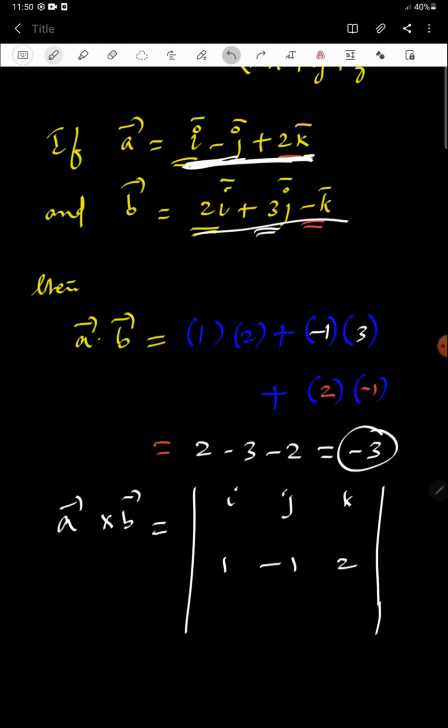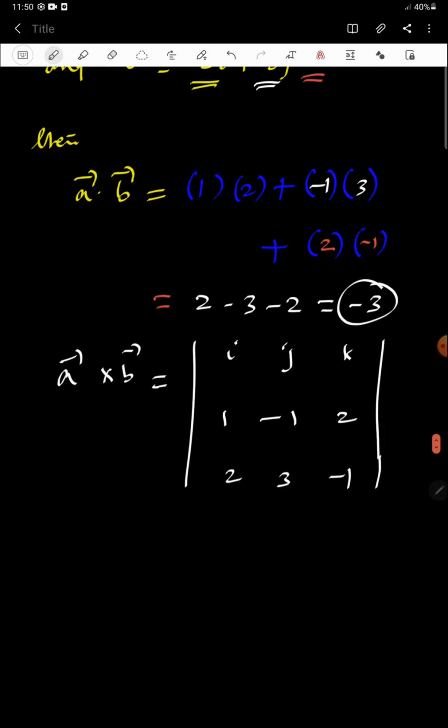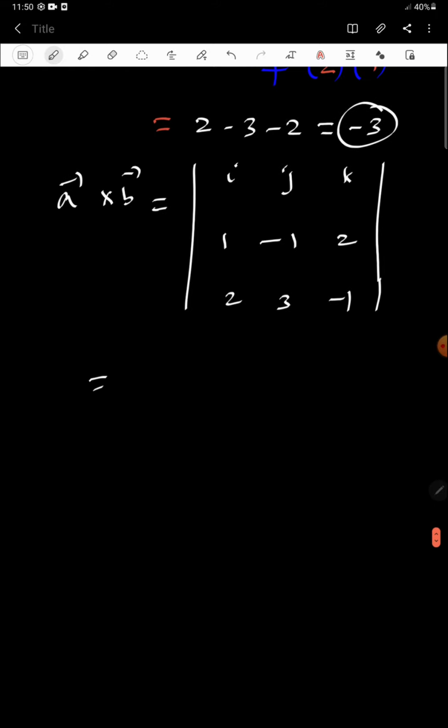So 2 3 minus 1. Now you all know that we are taking the determinant, that is AD minus BC. First AD, then minus BC. So what comes now? 1 into minus 1, that is minus 1, into minus 1, that is plus 1.